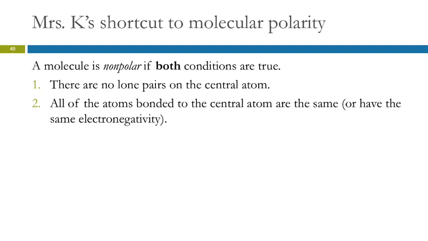You throw a lone pair in there, it's probably going to be polar. So, a molecule is nonpolar if there are no lone pairs on the central atom and all the atoms bonded to the central atom are the same or have the same electronegativity.